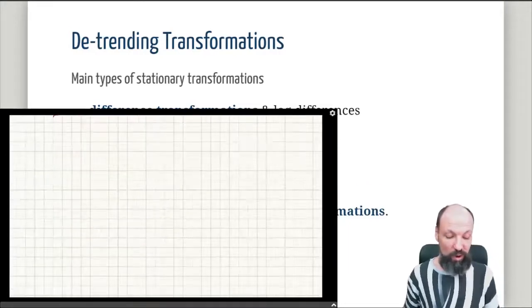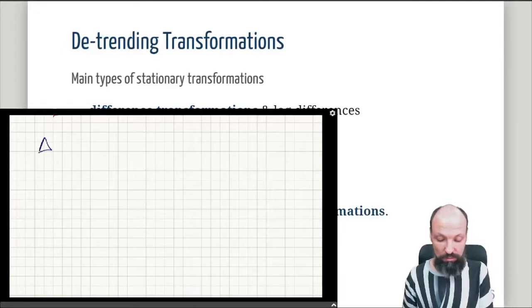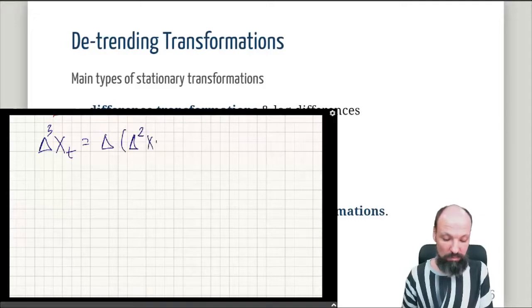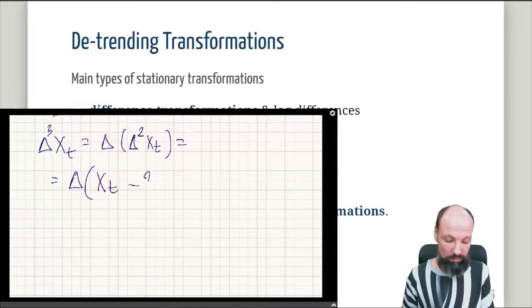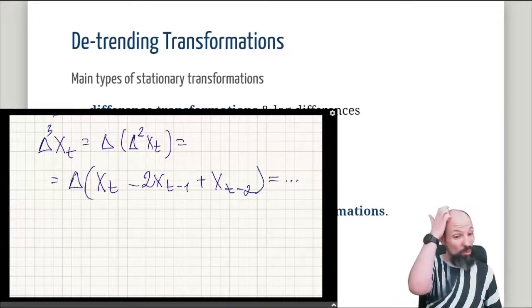Well, you can imagine how ugly this thing would be if you apply it again and make it the third difference and so on. That will look even uglier.